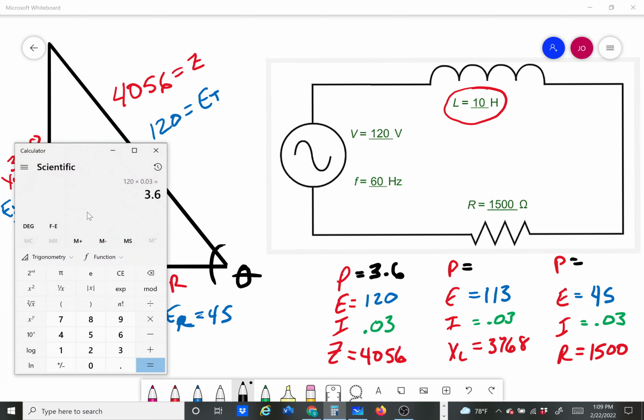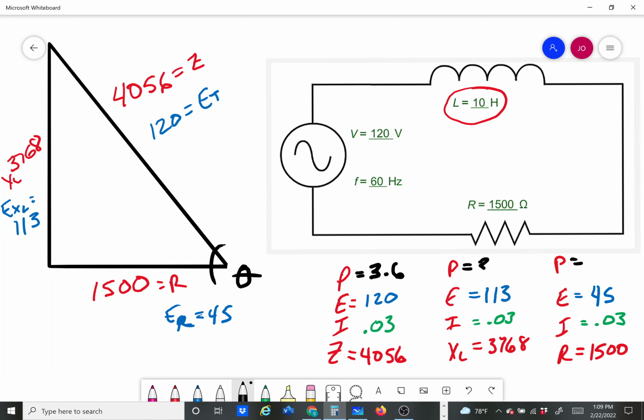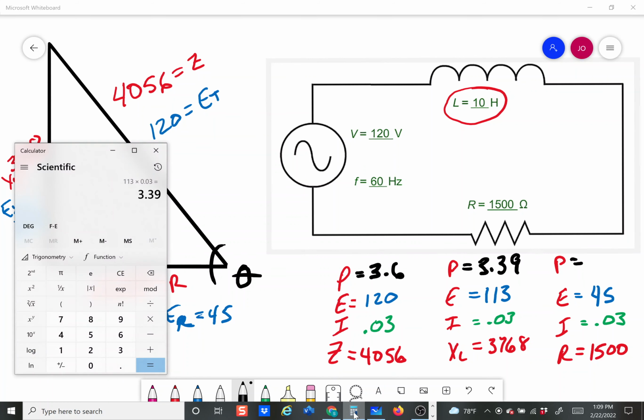And then I have 113 times 0.03 for my reactive power, 3.39 VARs. And now I'm going to take my 45 times 0.03, and that's going to give me 1.35 watts.